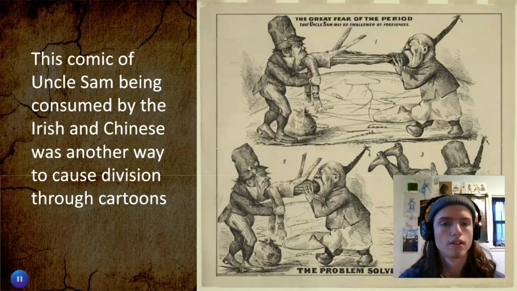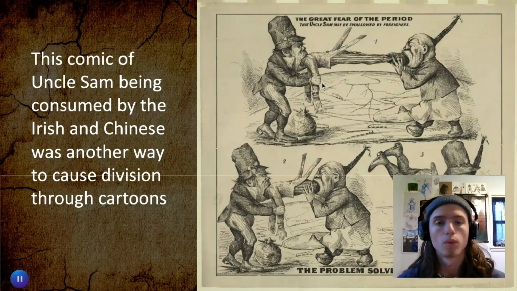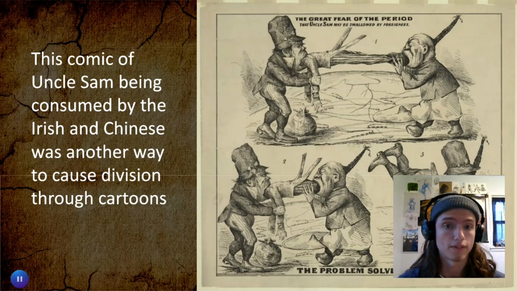So then we have this depiction, this comic of Uncle Sam being devoured by an Irishman here and a Chinese man here. They're obviously taking his job and consuming America itself, basically, with this illustration.